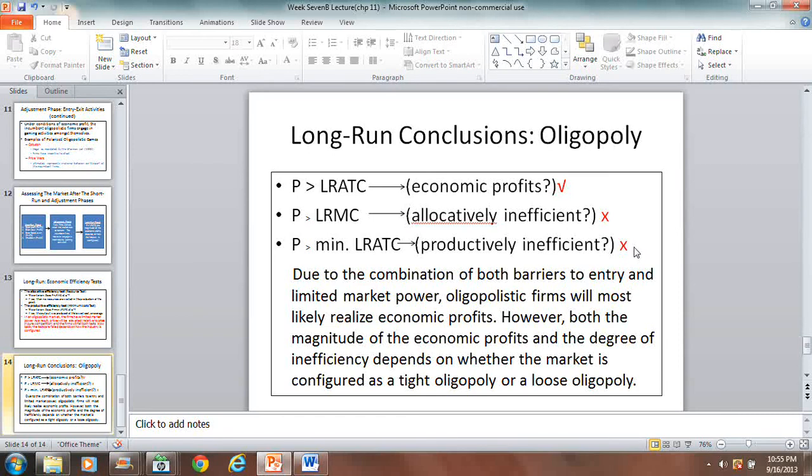Due to the combination of barriers to entry, keeping competitors out, and limited market power, oligopolistic firms would most likely realize economic profits. However, the magnitude of those profits and the degree of inefficiency depend on how the industry is configured. Is it a tight oligopoly or a loose oligopoly?